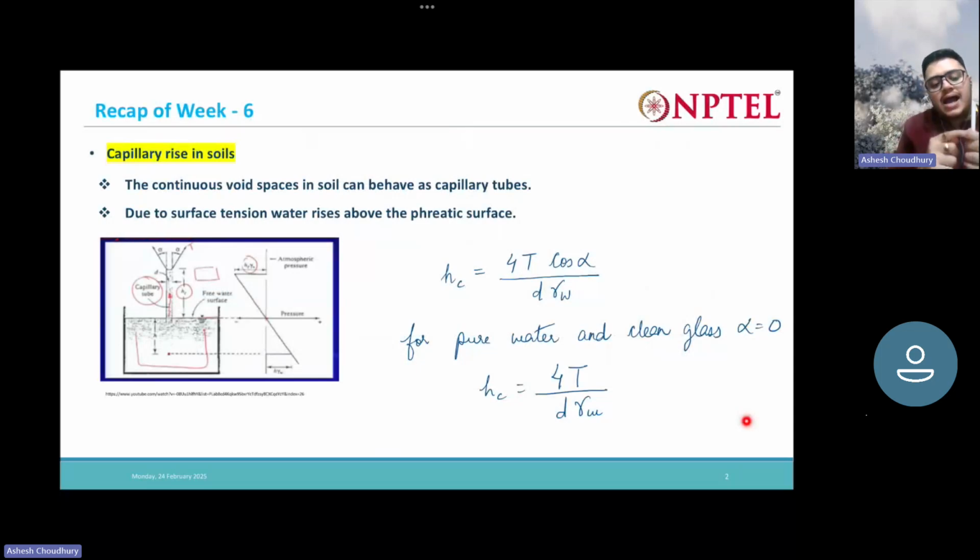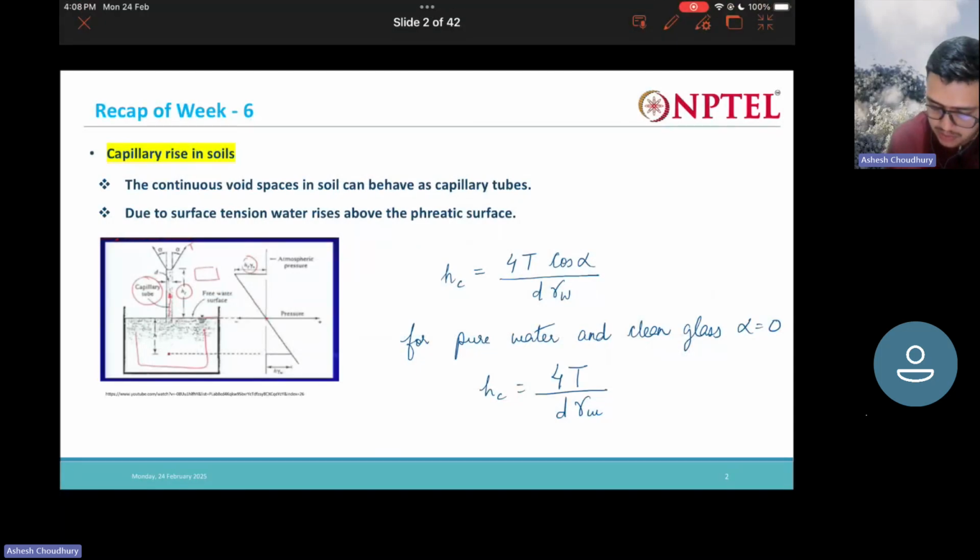The height by which the water rises is the capillary height HC, which is equal to 4T cos alpha by D gamma W. For pure water in a clean glass, alpha is equal to 0, so HC is equal to 4T by D gamma W.